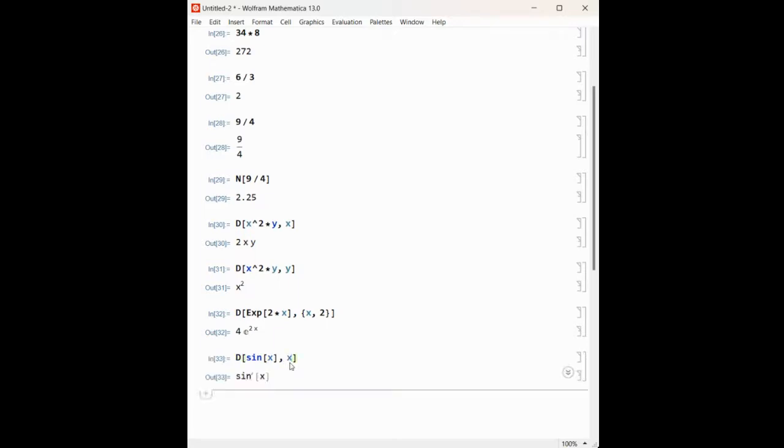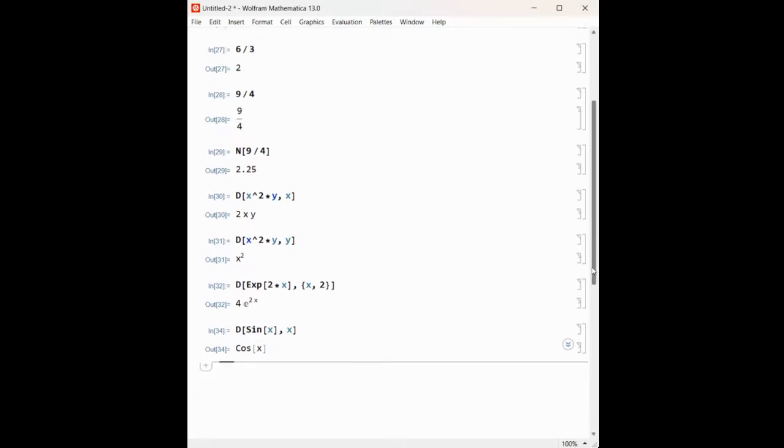So x. Oh, you don't see it. Do you see? It doesn't understand. It must recognize it as a function. It doesn't recognize this. So if immediately you put a capital, then it does.